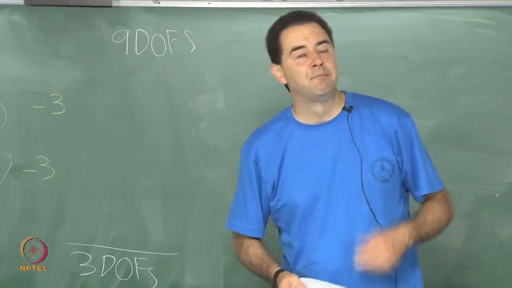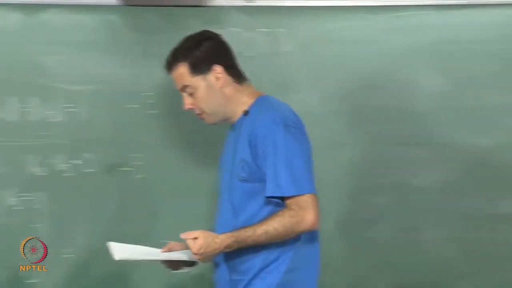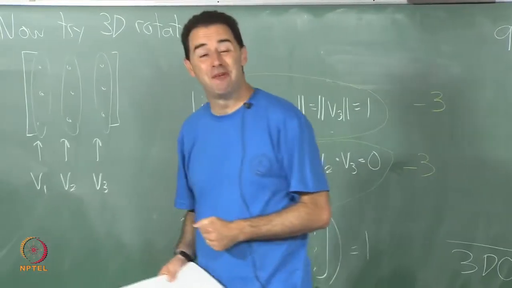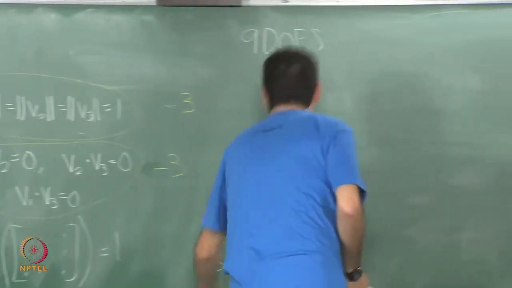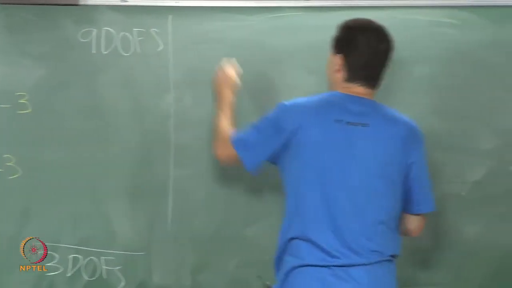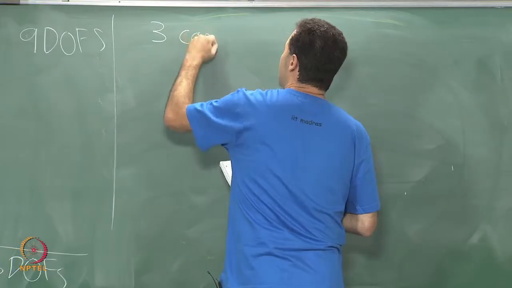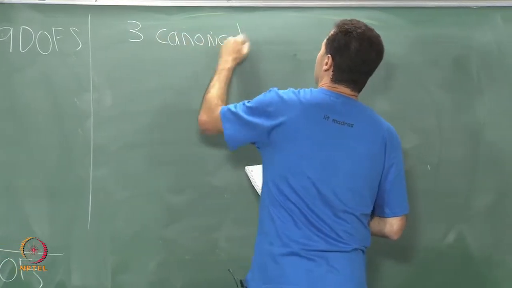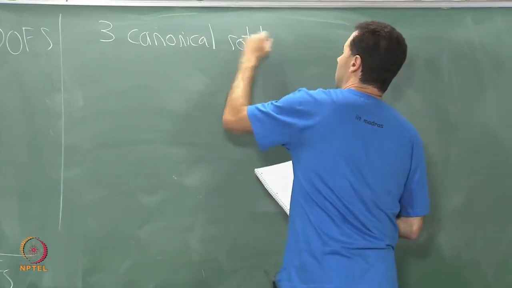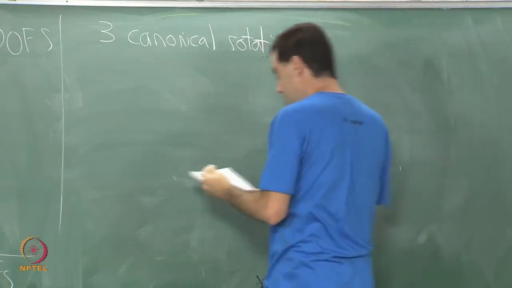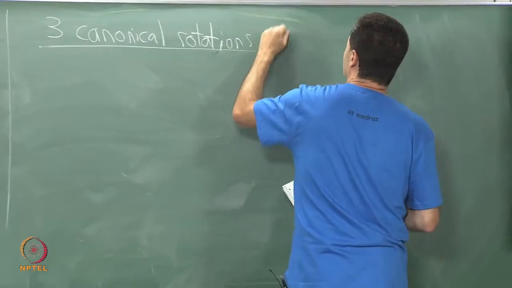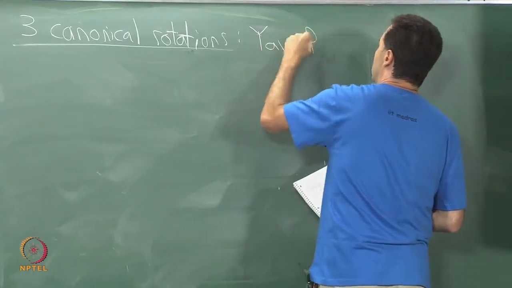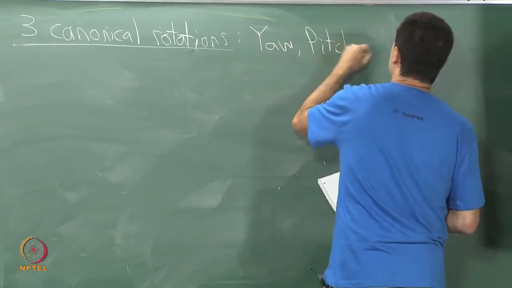All right, so I'm going to start off with a simple way to describe 3D rotations, and then after that get to the more appropriate way for doing the things that we want to do. So to start off here, and we'll take a break shortly, let me start with the 3 canonical rotations, which are yaw, pitch, and roll.